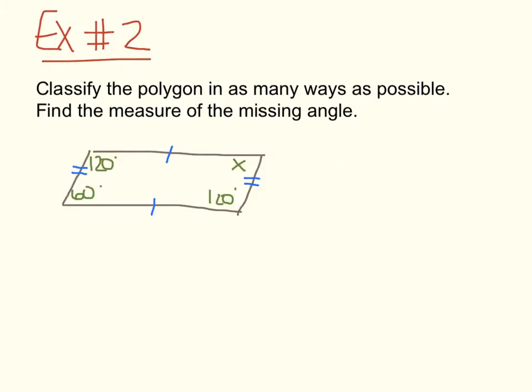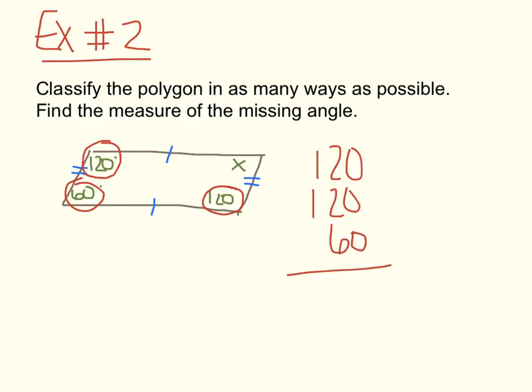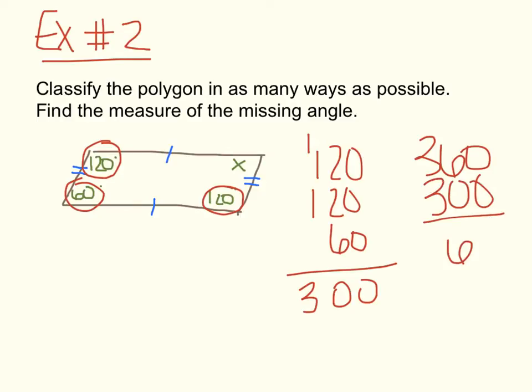Example 2, we have 120, 60, and 120. Let's add those up. And we get 300. We know they have to add up to 360. So our missing angle is going to be 60 degrees.